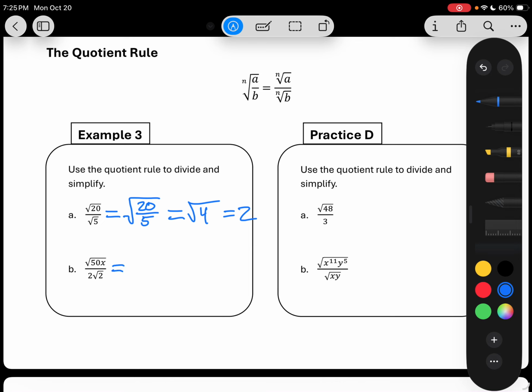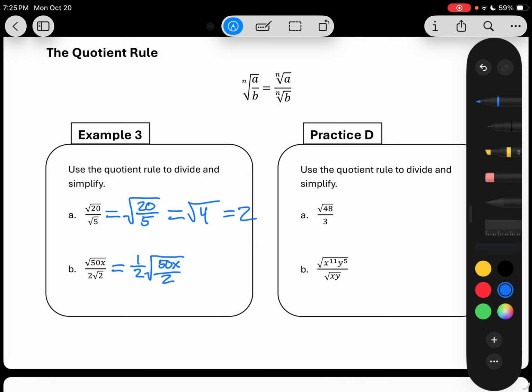We've got square root of 50x divided by 2 times root 2. So since that first 2 is not in a root, I'm going to write it as 1/2 times the square root of 50x divided by 2.